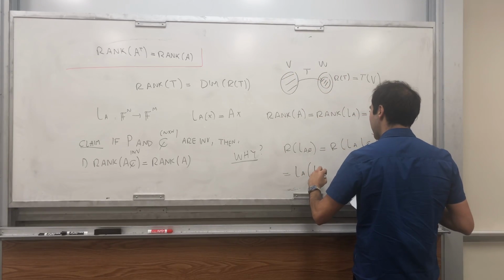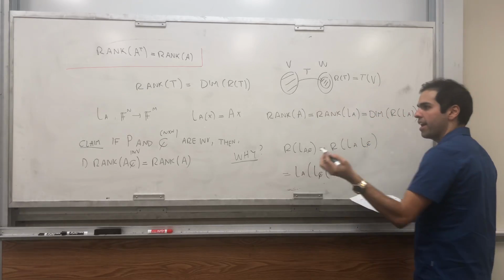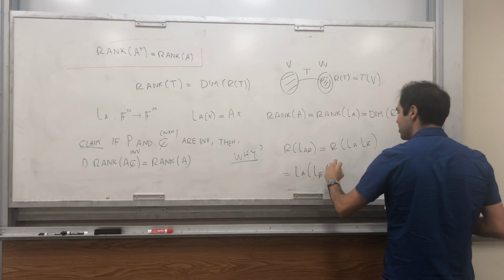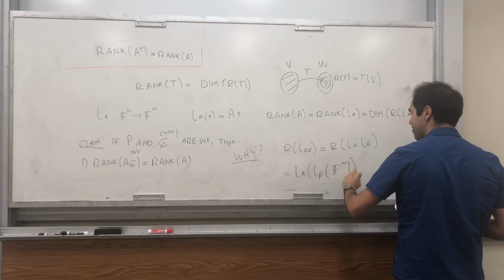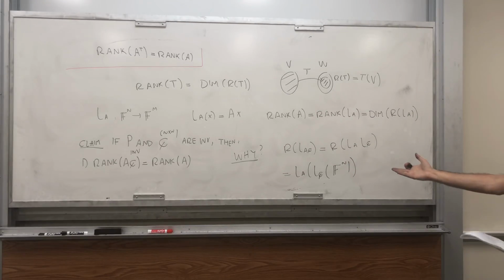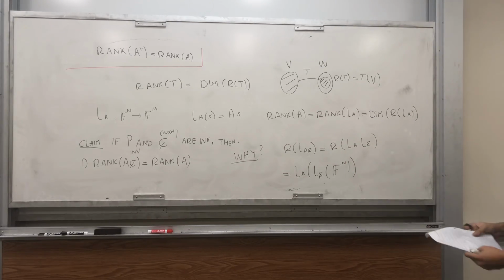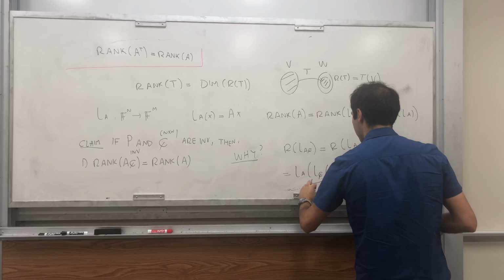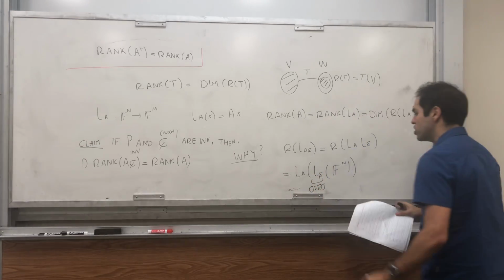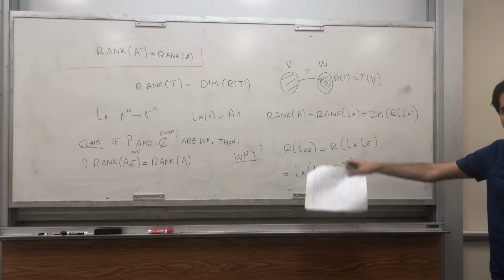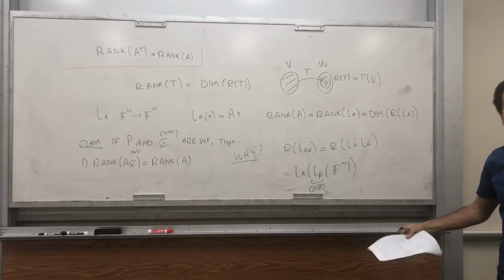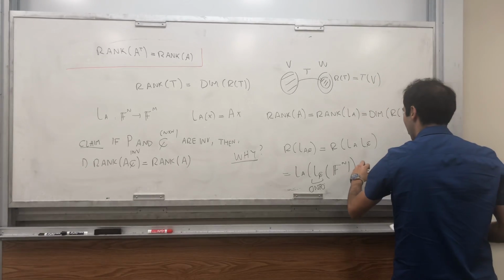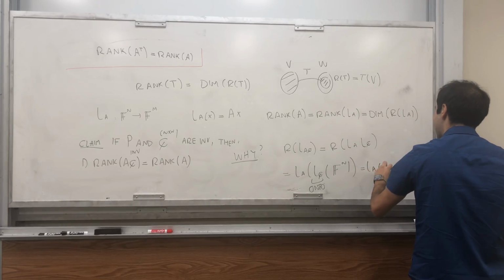So it's really LA of LQ of Fn, and Q is n by n, so it's Q of Fn. But here's the thing, Q is invertible, so LQ is onto. Which means it takes all of Fn and maps it to all of the output space, which is also Fn. So that's LA of Fn.